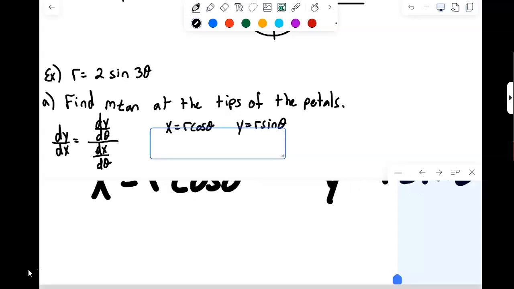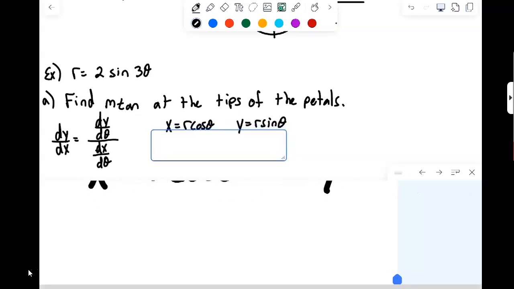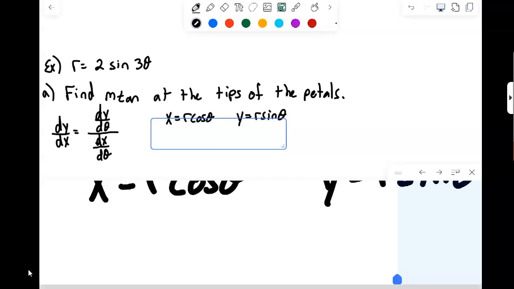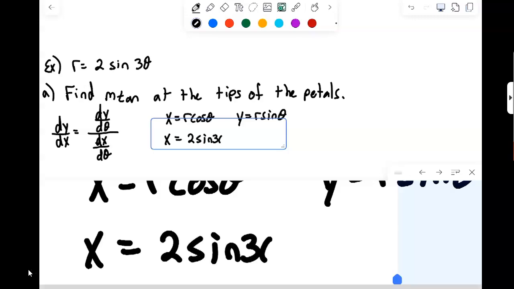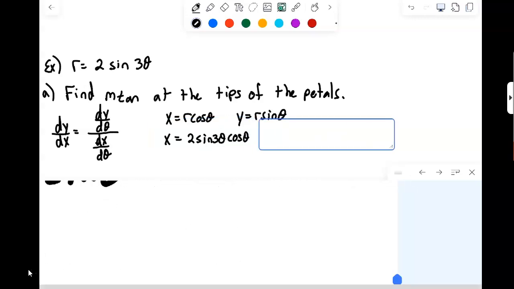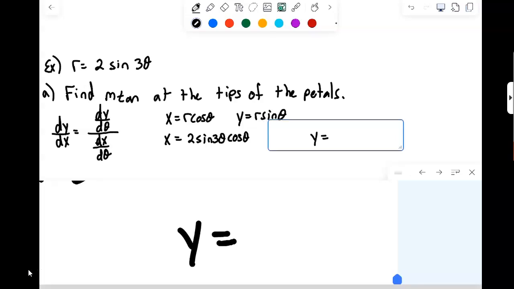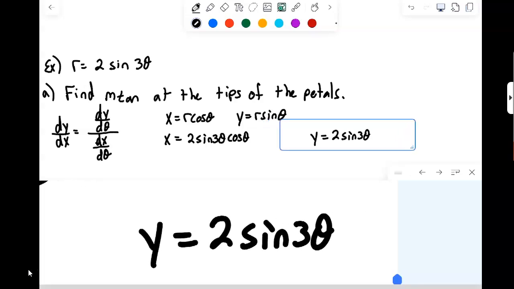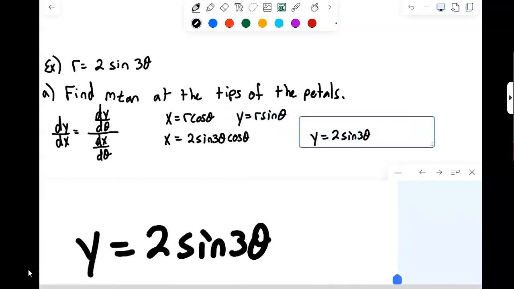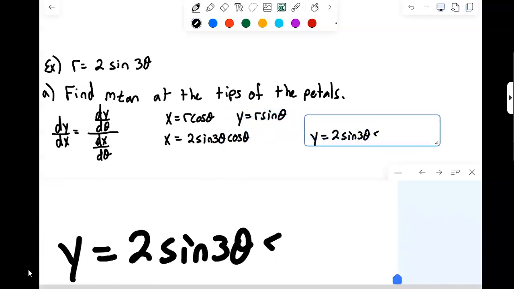So in this example here, x would be 2 sine 3 theta times the cosine theta. And y would be 2 sine 3 theta times sine of theta.